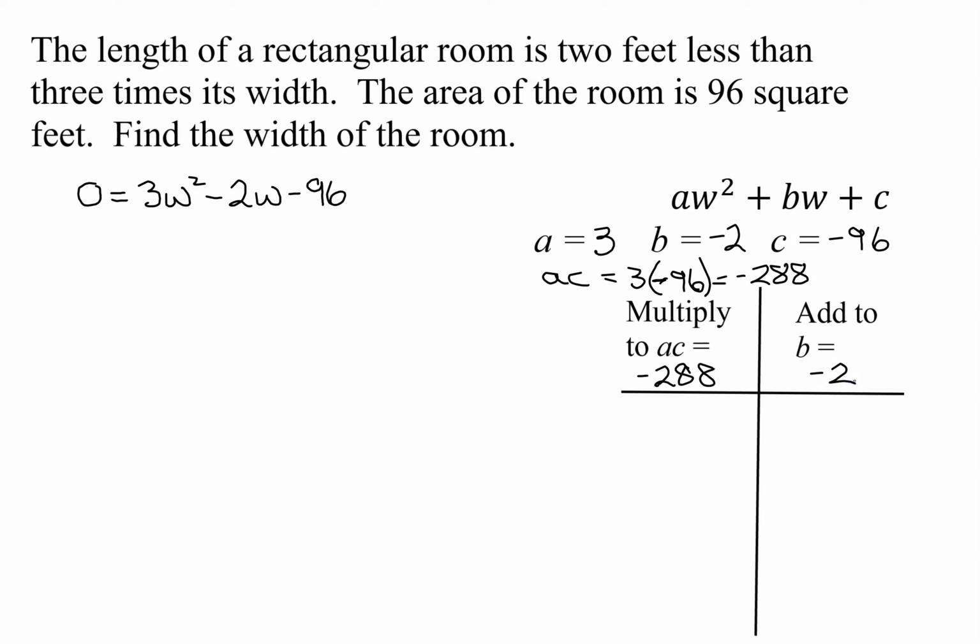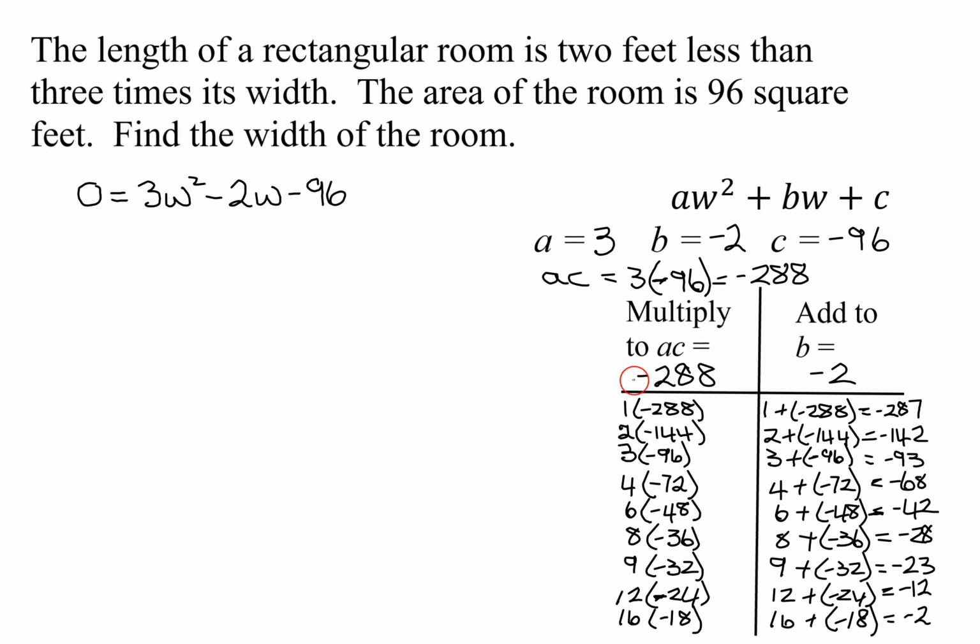As there are a whole bunch of factors of negative 288, I'm going to do the table while it's on pause. As the numbers I needed multiply to a negative, the signs are opposite, and if they add to a negative, the bigger one has to be negative. So as you can see, there are a whole bunch of factors.